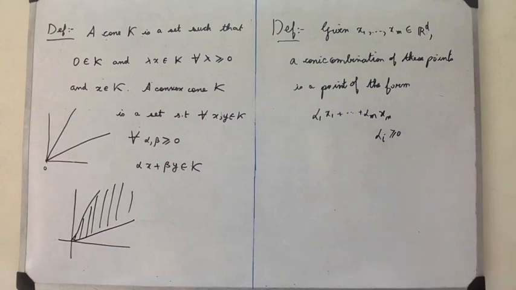So there is no constraint of them summing up to 1, as in the case of convex combination.